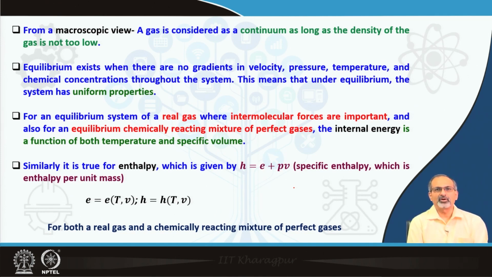Similarly, it is true for enthalpy, which is given by h equal to e plus Pv. It is basically specific enthalpy, that is enthalpy per unit mass, and functionally they are represented this way. So, for both a real gas and a chemically reacting mixture of perfect gases, this functional form is true.